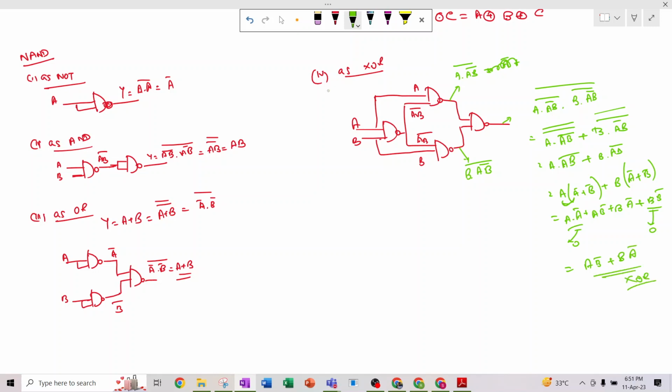So this is how the NAND gate is used as a XOR gate. There we need 4 NAND gates, 2 input NAND gates, to get a 2 input XOR gate.